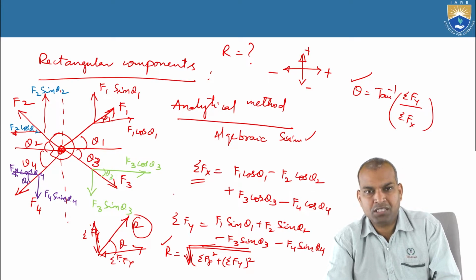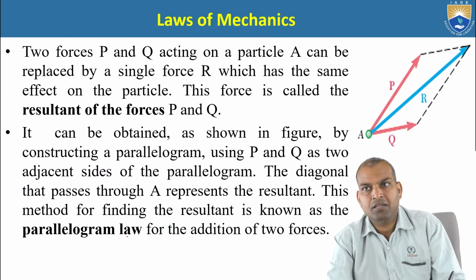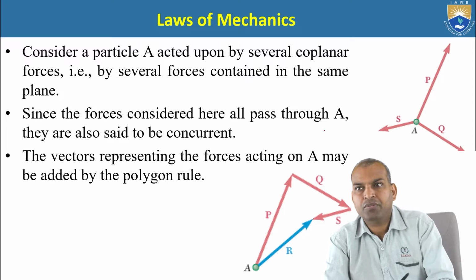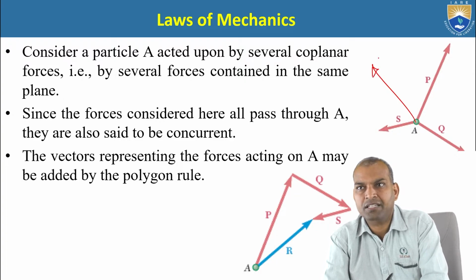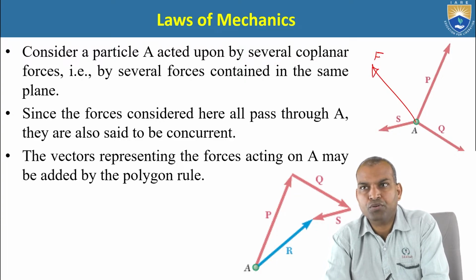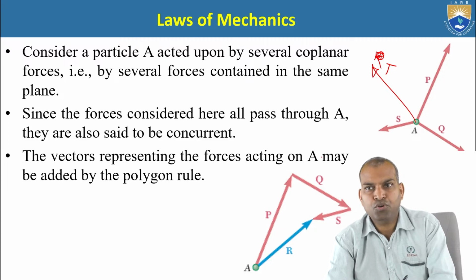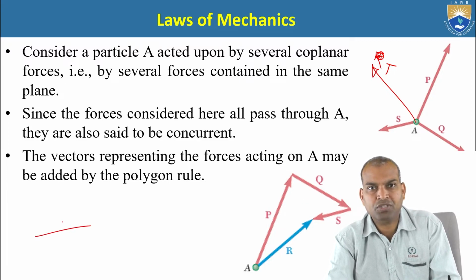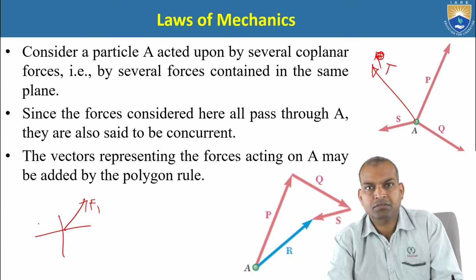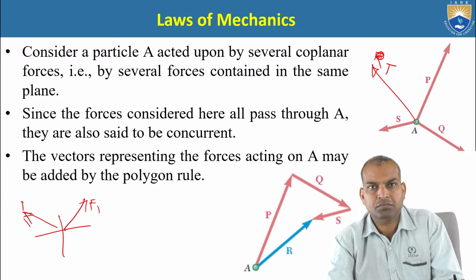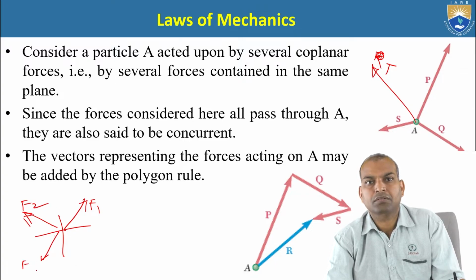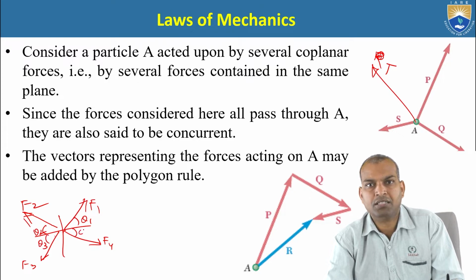The Polygon Law of Forces, as we have discussed. Now, if we consider the particle A with forces F1, F2, F3, and F4, we know the inclinations theta 1, theta 2, theta 3, and theta 4.